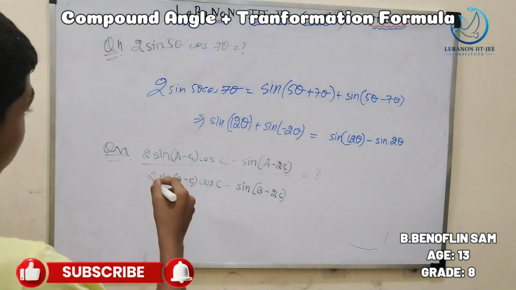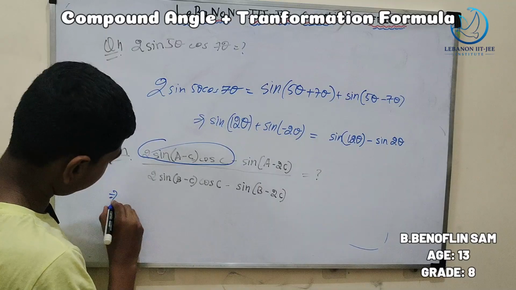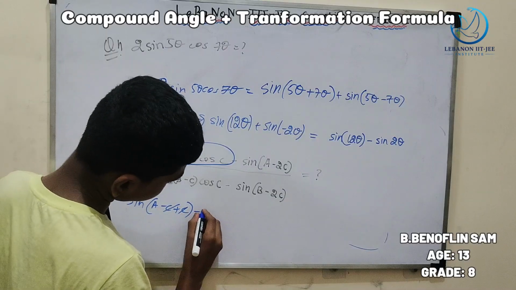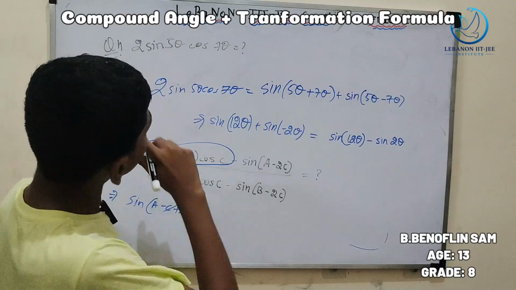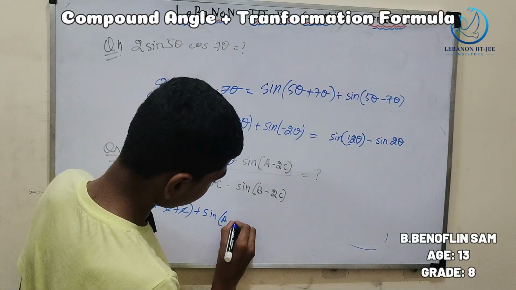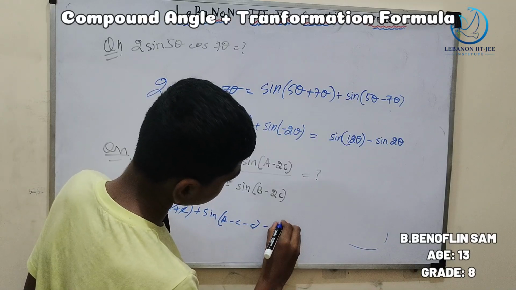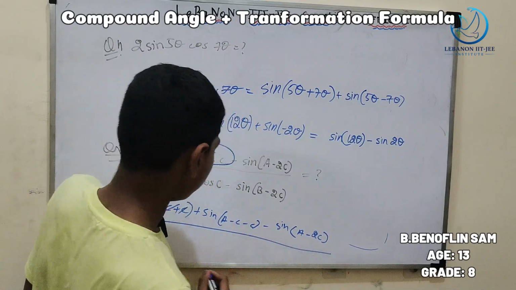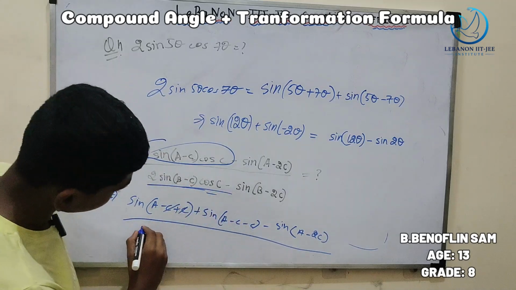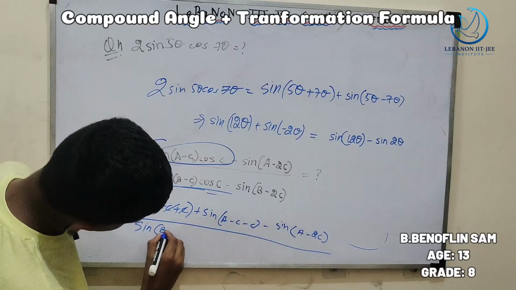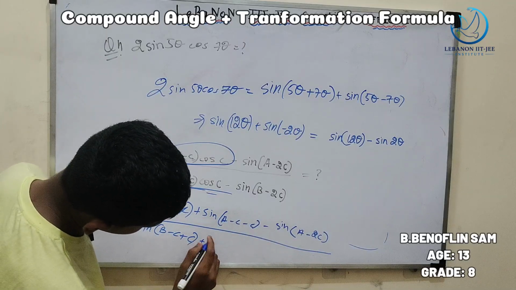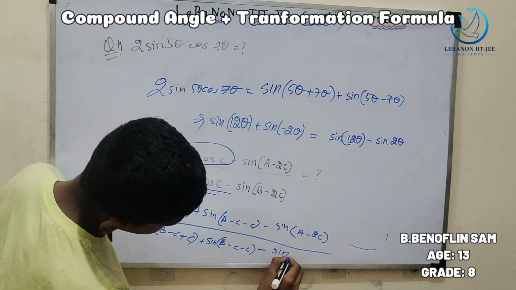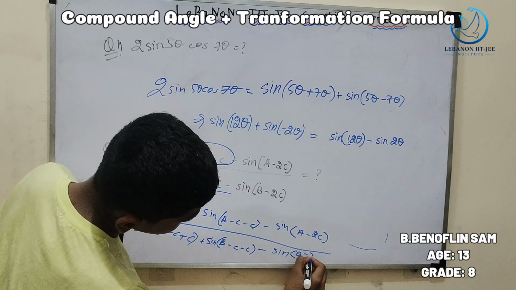Okay, we solve it by ourselves. So here we can take it like this: sine (a minus c plus c) plus sine (a minus c minus c) minus sine (a minus 2c), and here we do the same: sine (b minus c plus c) plus sine (b minus c minus c) minus sine (b minus 2c).